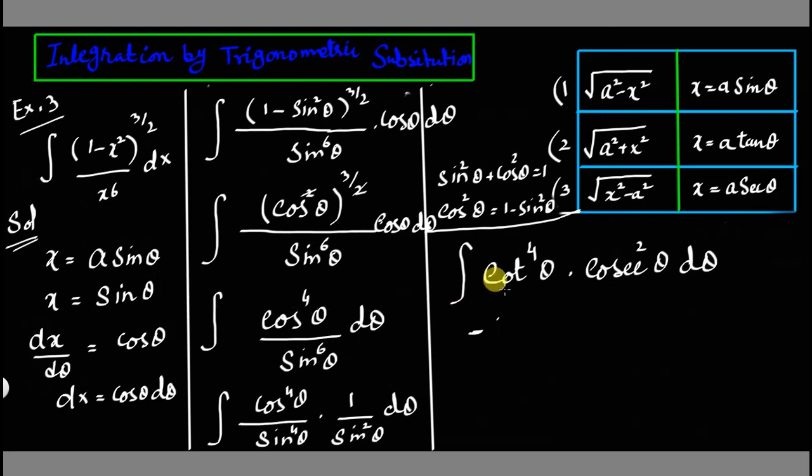So we will use minus over here and then just take the power rule, cot of 5 theta by 5 plus c.